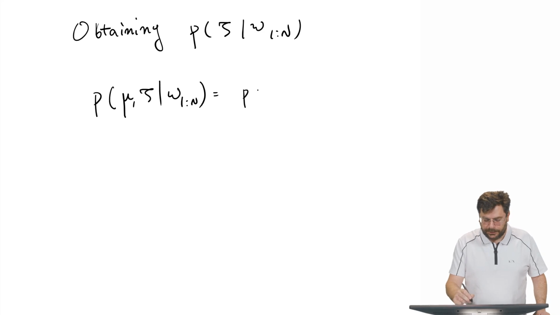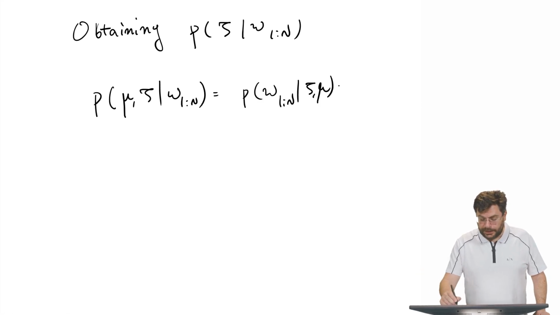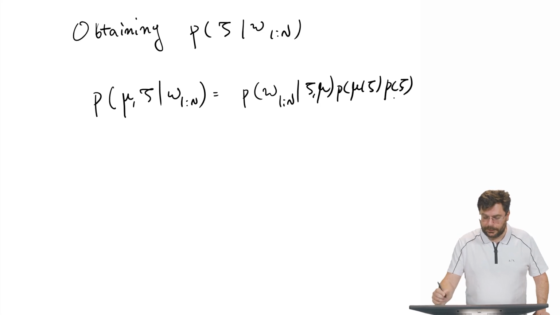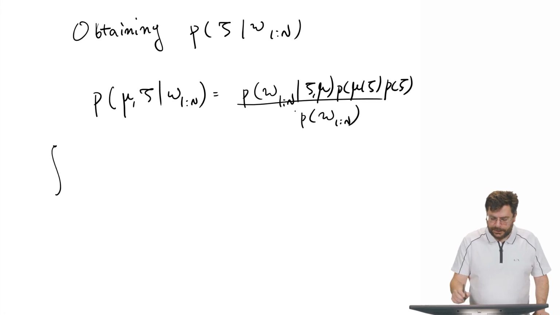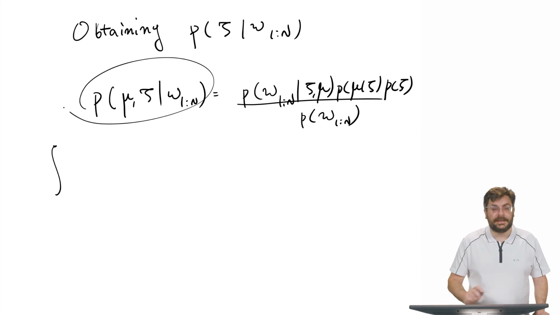That's going to be p of w1 to n given tau and mu. That's the product of all of my Gaussians. That's my likelihood. Multiplied here by p of mu given tau and p of tau. Right? Those are my priors. And of course, divided by the probability of the data. Now, in other words, I know how to calculate this object.